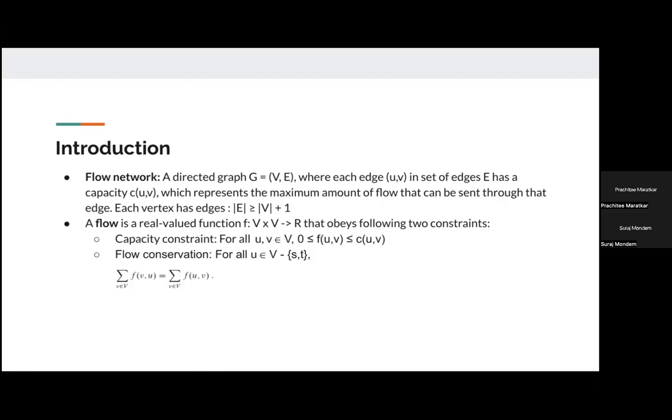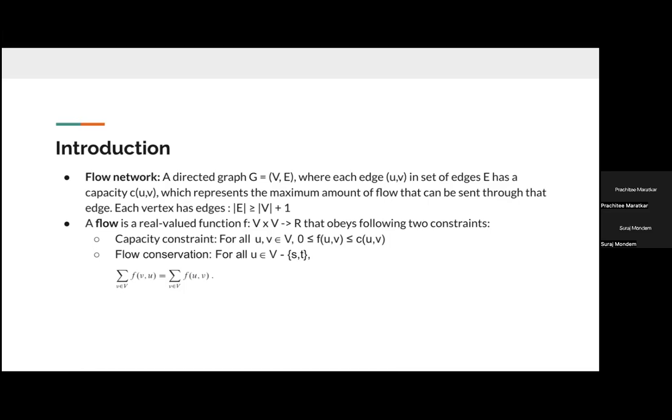A flow network follows certain rules, such as if a flow network graph has edge u, v, then an edge v, u cannot exist. Also, we need to assign capacity which has a value greater than 0 to each of the edges. And one more thing that we need to keep in mind is that self loops are strictly prohibited for such kind of flow networks.